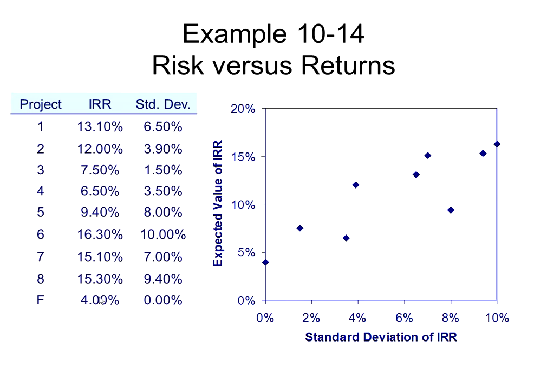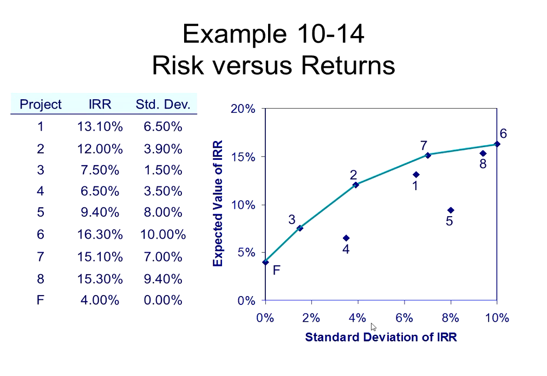Well, if we were just to maximize the return, then we probably would choose project 6. However, project 6 still has a pretty high standard deviation. So in reality, what we would do is look at the expected value of return versus the standard deviation of return, because we would want to maximize the expected return and minimize the risk.